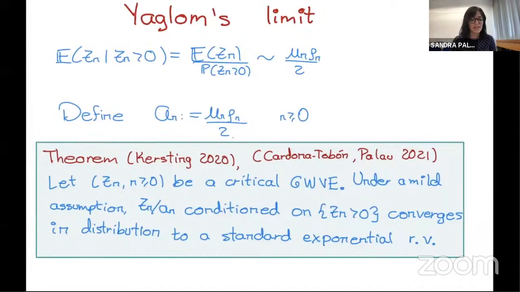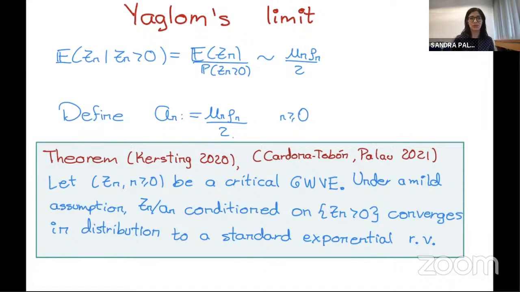Remember that it is the original mean over the survival probability. The mean we already know is equal to mu n. And the survival probability, Kirsten showed that behaves as rho n over 2. So a natural factor that we can define is this one, right? Because if we put an equal to mu n rho n over 2, the conditional mean will converge to 1.